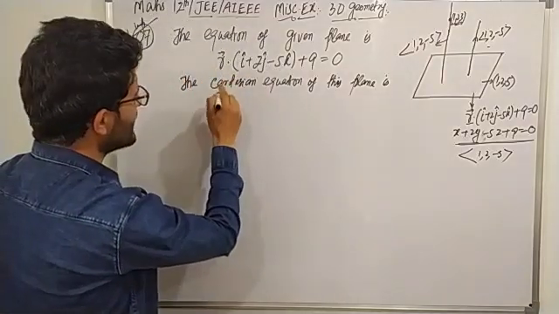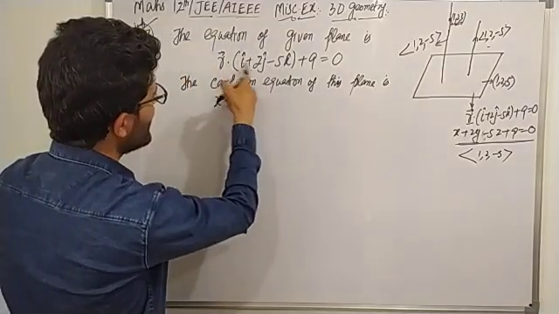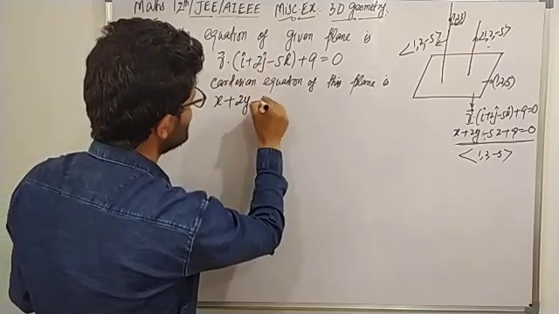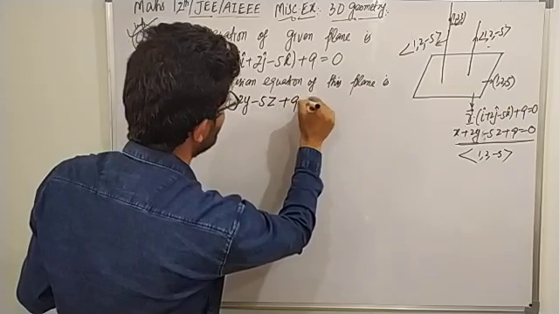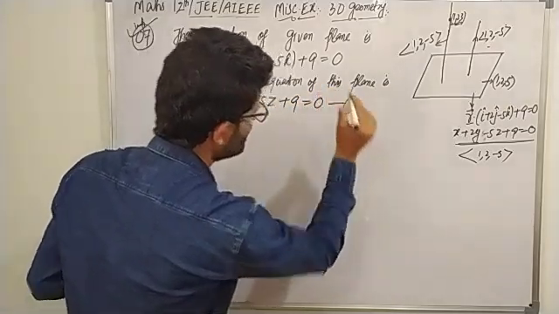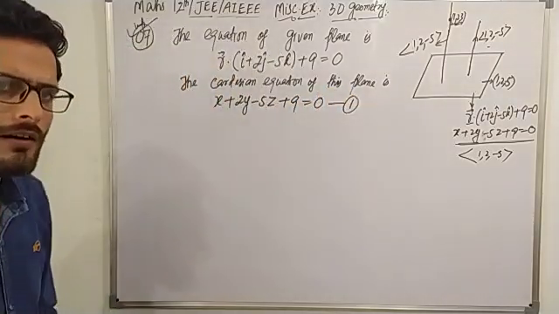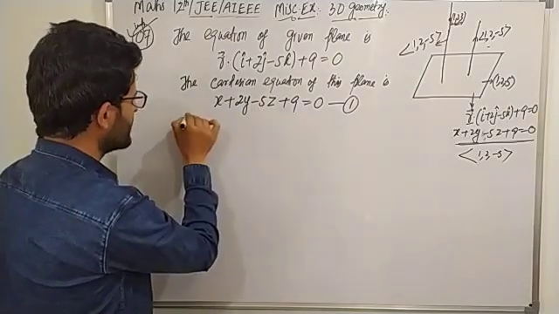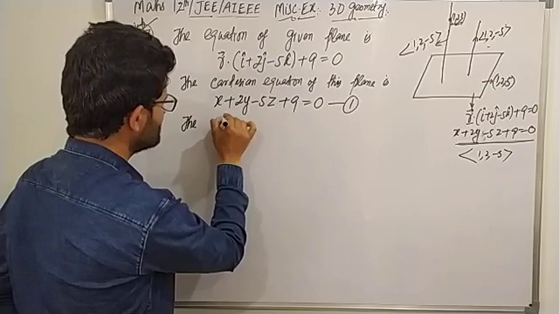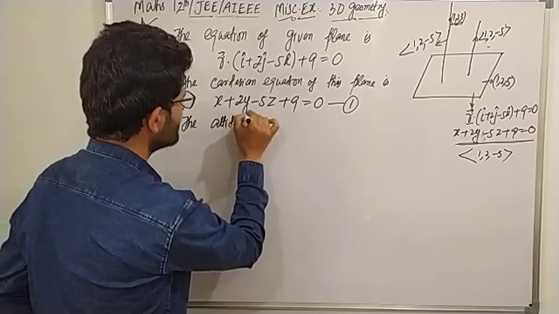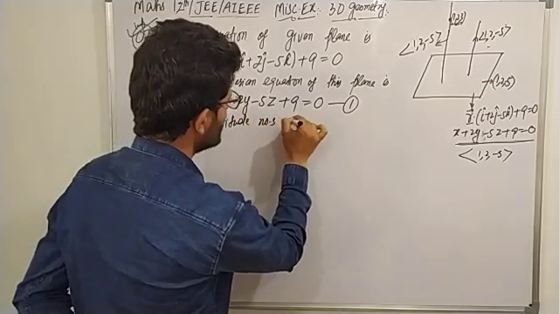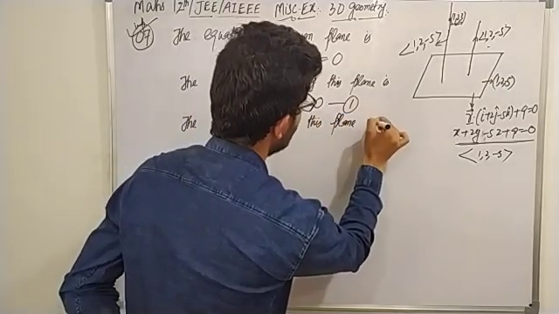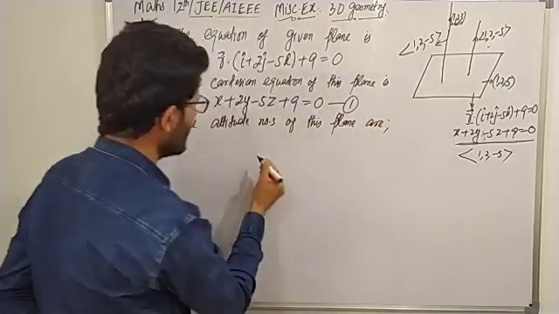Yes, x into 1 that is x, plus y into 2 that is 2y, plus z into minus 5 that is minus 5z, plus 9 is equal to zero. We will keep that plane as plane number first. इस प्लेन के एटीट्यूड नंबर क्या होंगे? The attitude numbers of this plane are, इस प्लेन के एटीट्यूड नंबर क्या बनेंगे?